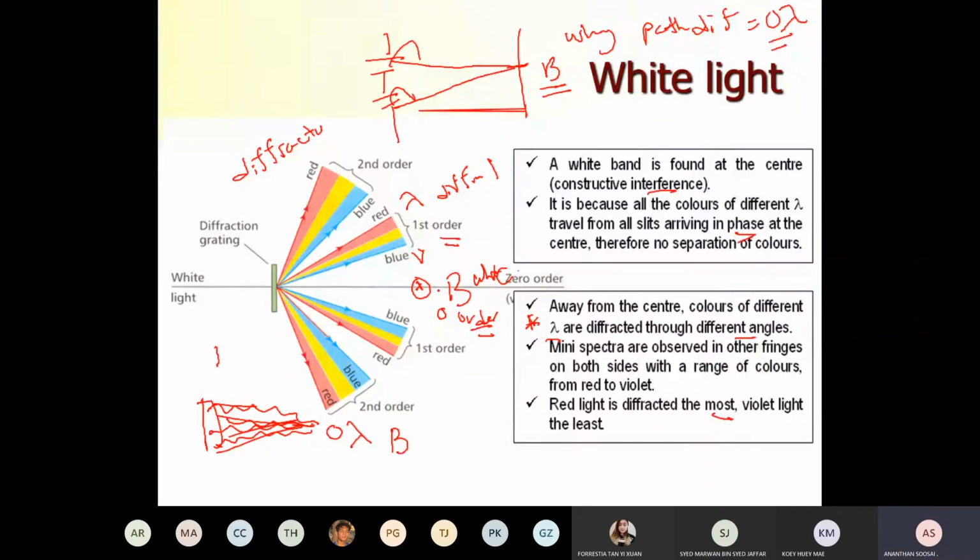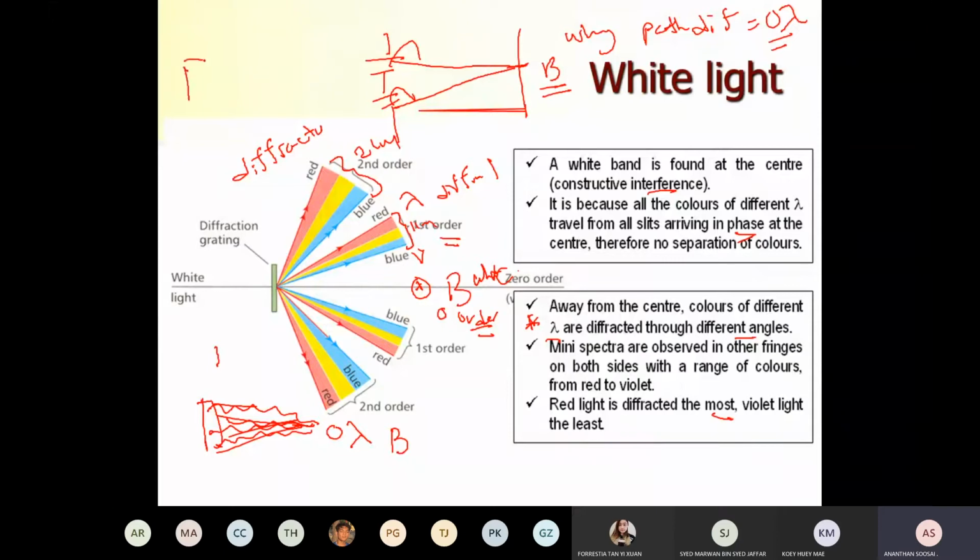Another thing they found is that if the first order spectrum spreads over a distance of, let's say, 1 centimeter, then the second order is found to be longer, like 2 or 3 centimeters.